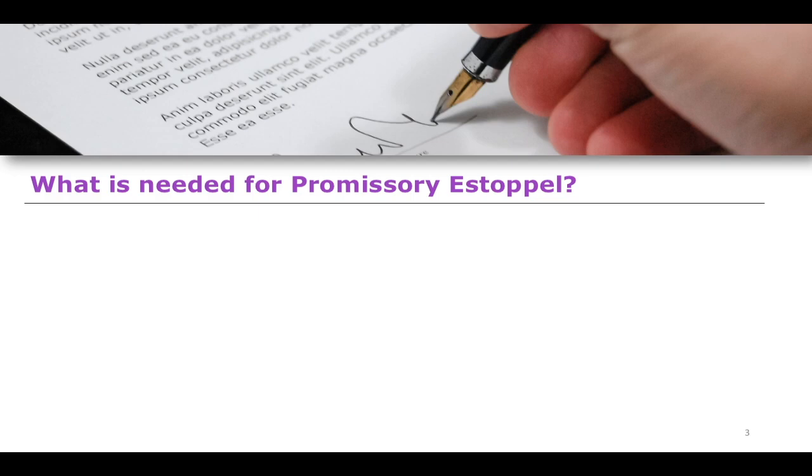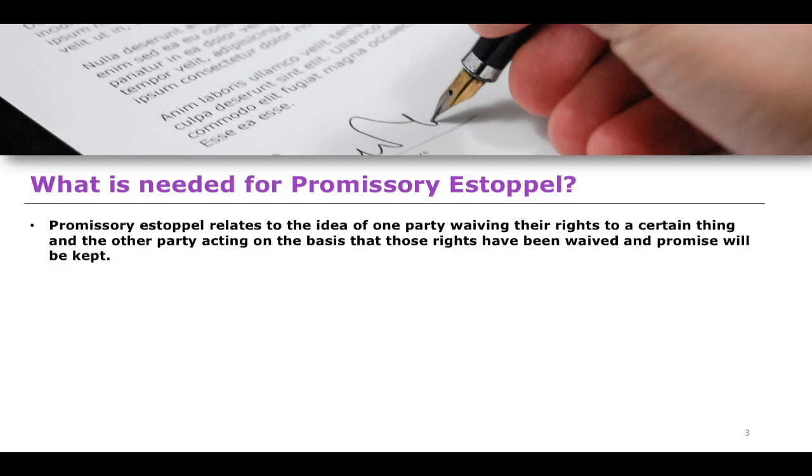This lesson is going to talk about what is actually needed to show promissory estoppel, or to have a successful claim for promissory estoppel. So as noted, it relates to the idea of one party in a contract waiving their rights to a certain thing, and then the other party in that contract acting on the basis that those rights have been waived and that this promise will be kept.